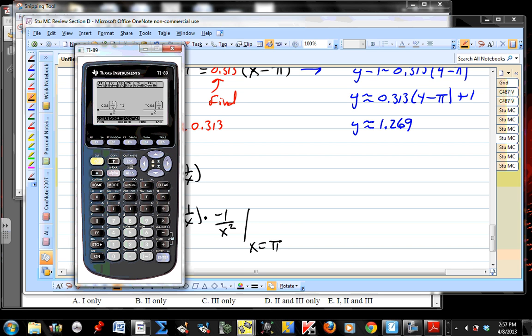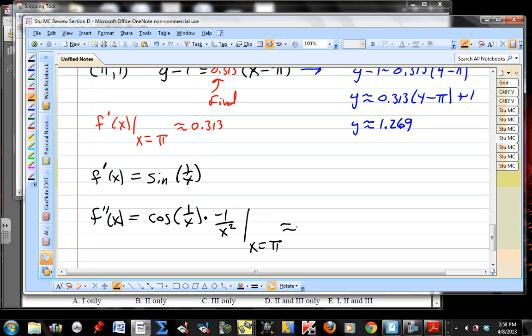Should we type it right? Yes, we did. Okay, now evaluate it at x equals pi. Oh, I forgot. Diamond, enter to get a decimal. And we don't really care what the number is so much. We know this is negative. Negative something.